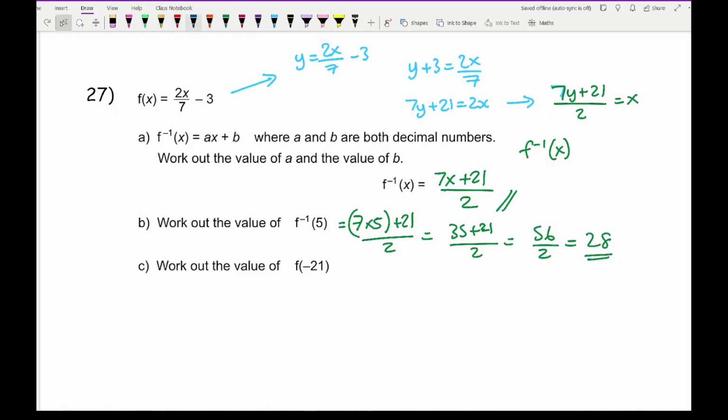And then for part C, we need to substitute x equals minus 21 into f, so that's going to be 2 times minus 21 all divided by 7, take away 3. If I type that into my calculator, 2 times minus 21 is minus 42, divided by 7 is minus 6, minus 3 gives me an answer of minus 9.